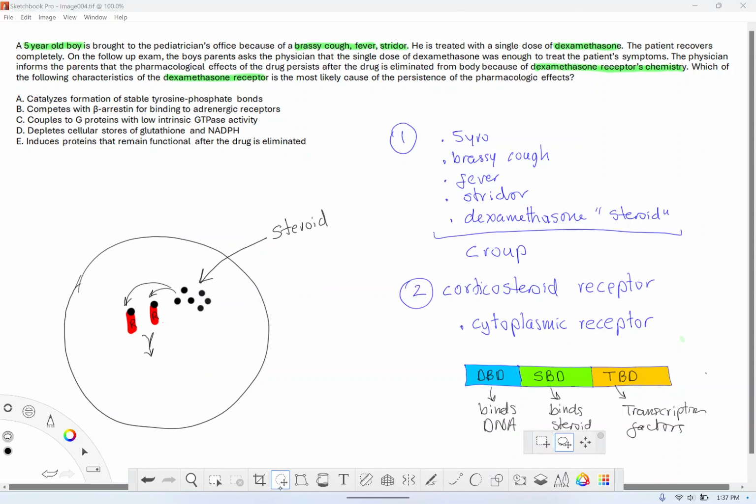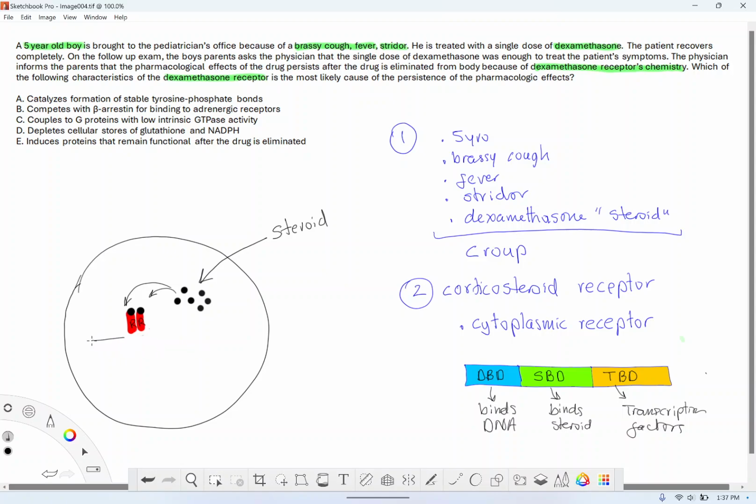There you go. The two receptors will dimerize. This is called dimerization. So dimerization will lead to this, and now these receptors are activated. Without the steroid hormone, they are inactive.